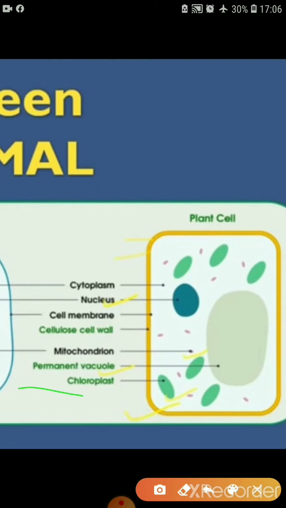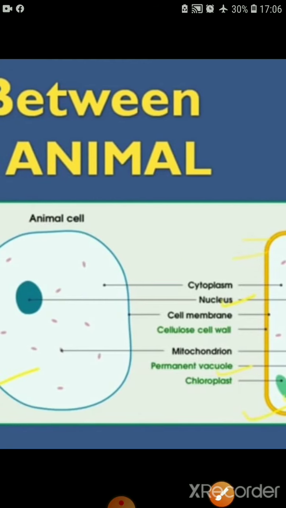In some cases it can be in animal cells, but as you can see here, it is not present. Animal cell does not have a vacuole. A vacuole would be present only in plant cell. It is big in size and it is permanent, right?